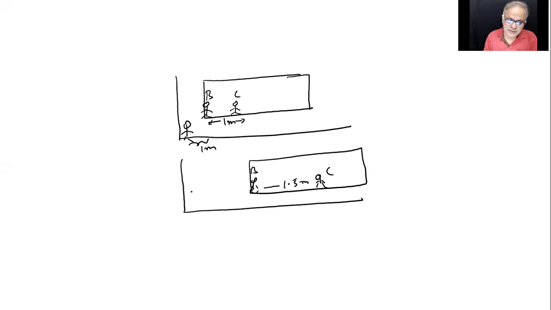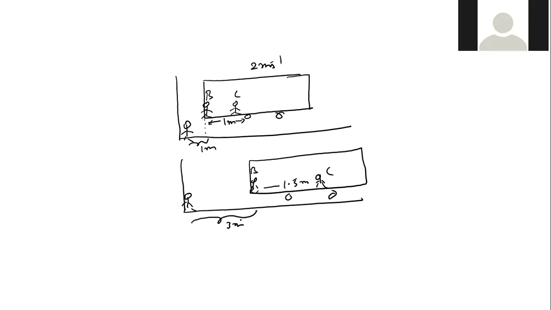And say the bus's speed is 2 meters per second. Initially, this end of the bus was at 1 meter. In 1 second, this will become how much? 3 meters. Do you follow?